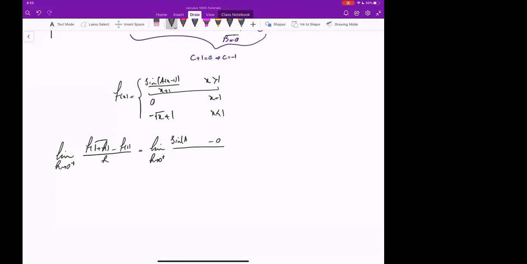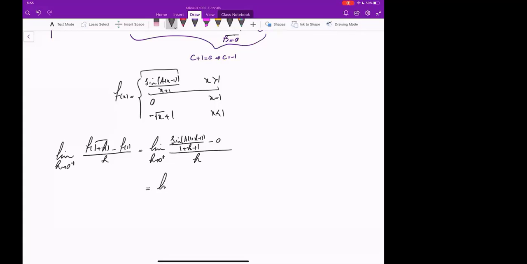So for x, I put 1 plus h minus 1 over x plus 1. Sorry, why am I doing this? For x, I'm putting 1 plus h in this formula. So this will be sine of a times 1 plus h minus 1 over 1 plus h plus 1, over h.